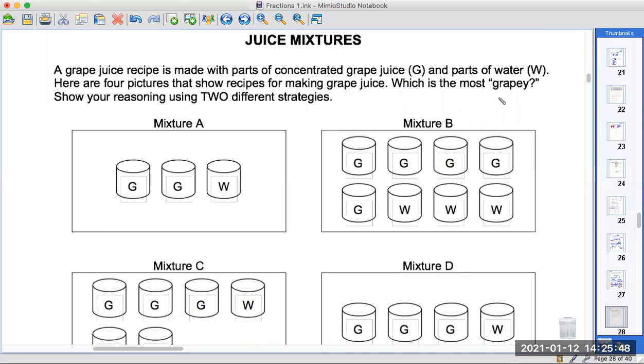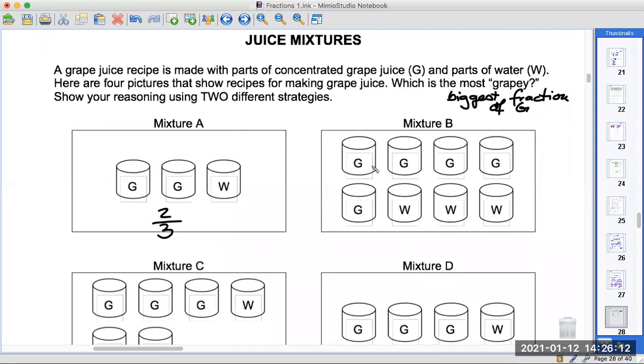Which is the most grapey? Which has the biggest fraction of G? Okay, so this one here is 2 out of 3.